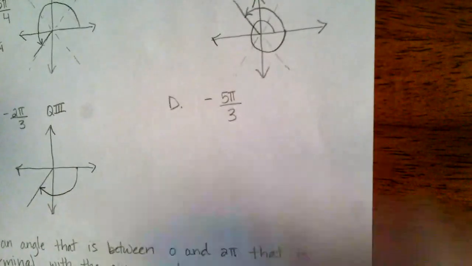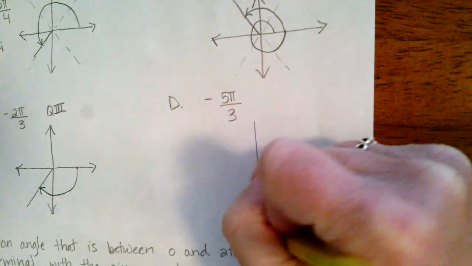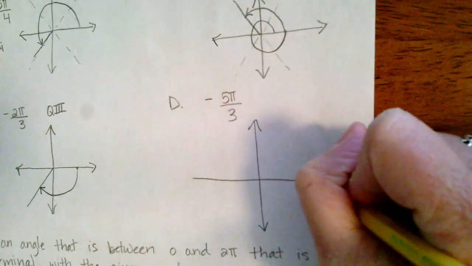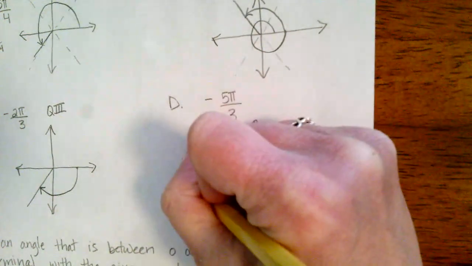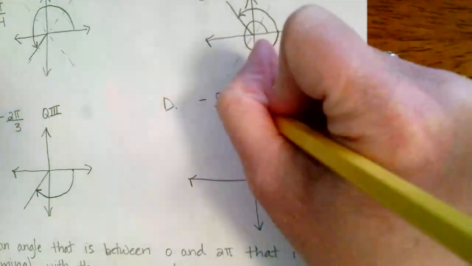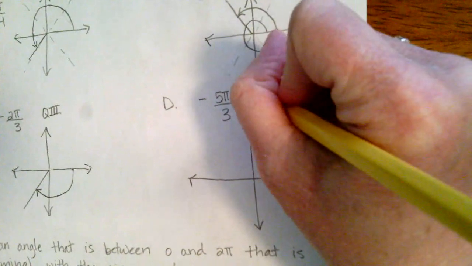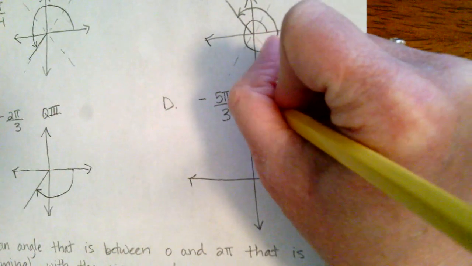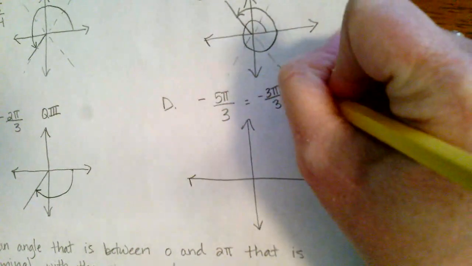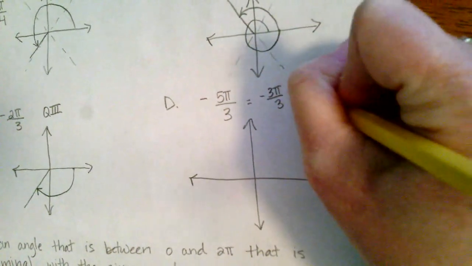Let's look at D. Again, I can see that this is negative 3 pi over 3 minus 2 pi over 3.